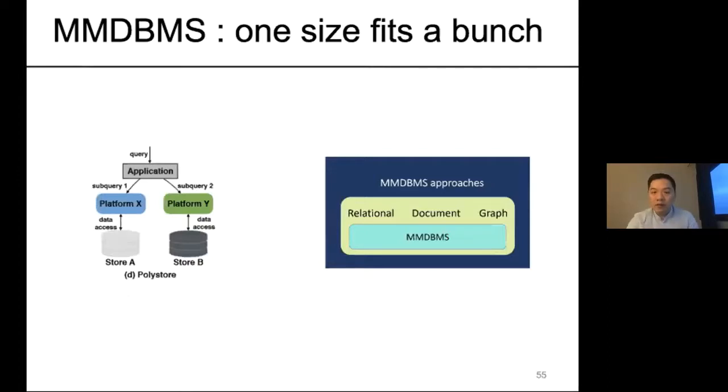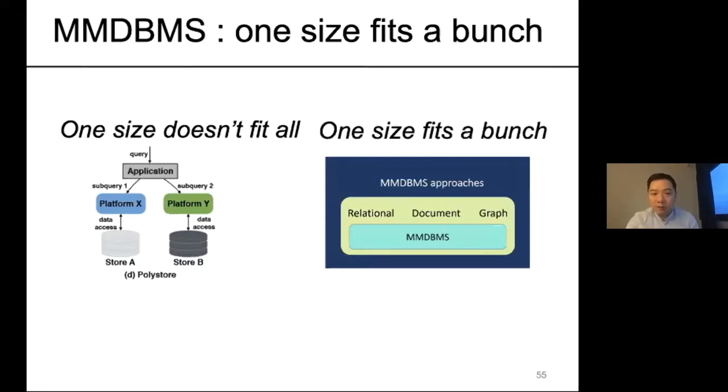So conventionally, we adopt the polystore technique that employs multiple databases to satisfy the upper-layer applications. So it follows the concept of one size does not fit all. Unlike polystore, multimodal databases adopt the concept of one size fits a bunch.